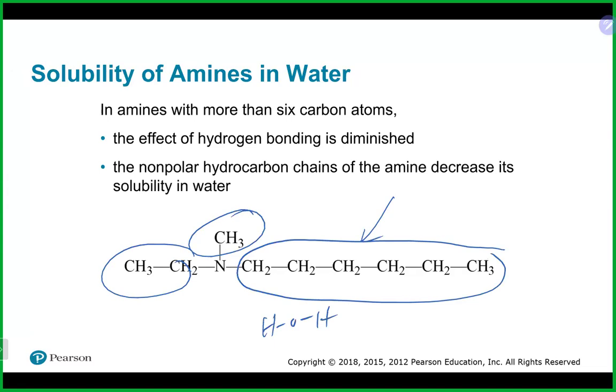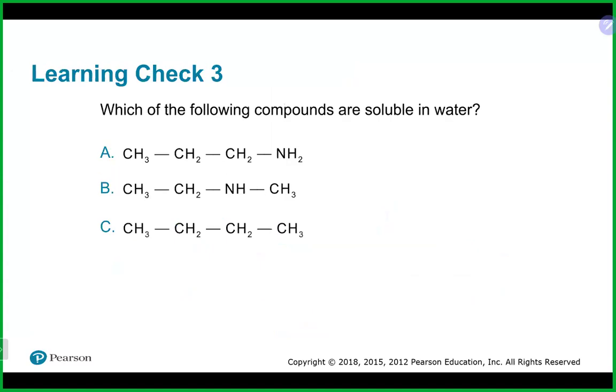So solubility really starts to decrease. Pretty much like most organic compounds, the bigger the nonpolar part you have, you get what is referred to as steric hindrance, which is a fancy way of saying things just get in the way. So they're not able to interact really well. You have these big parts that are not interacting and just serve to be in the way of those interactions.